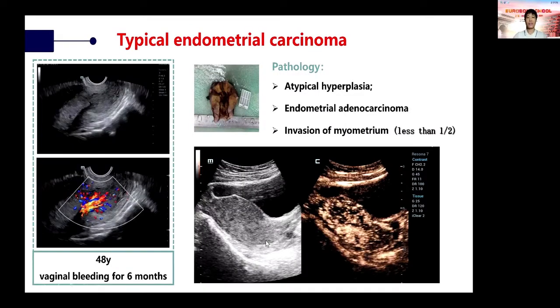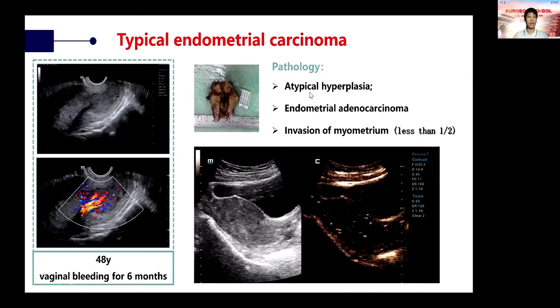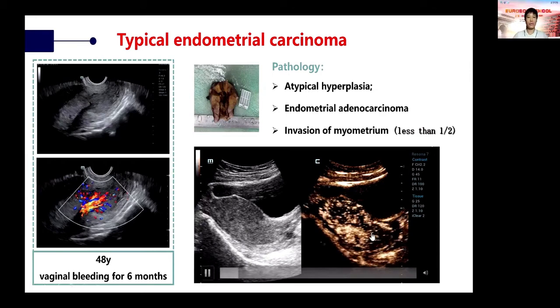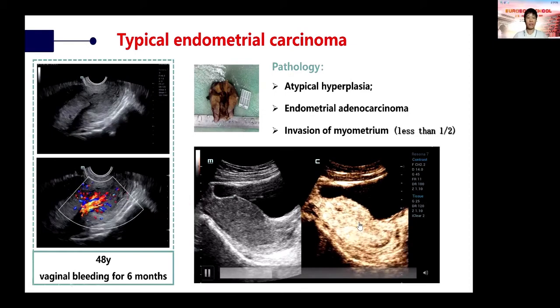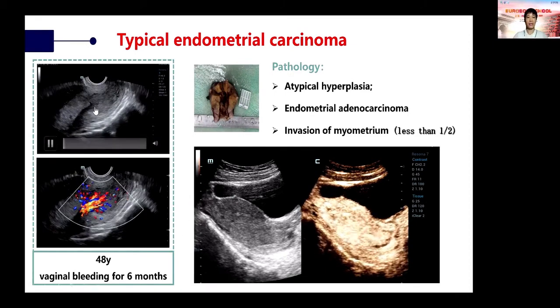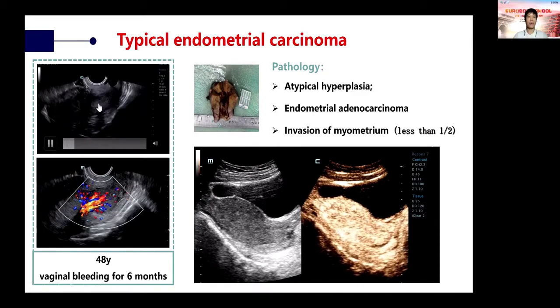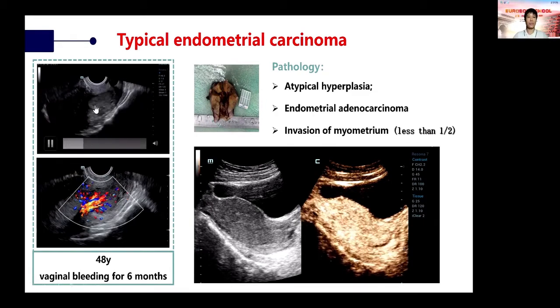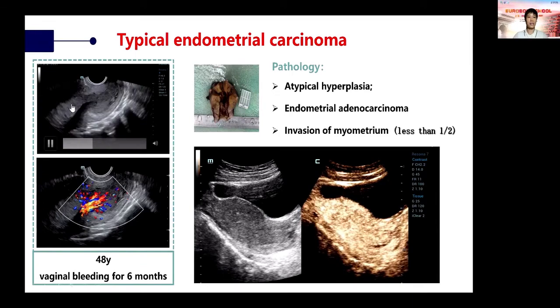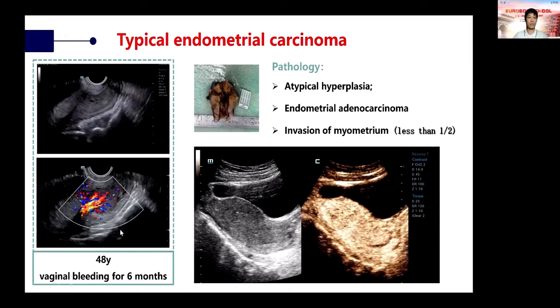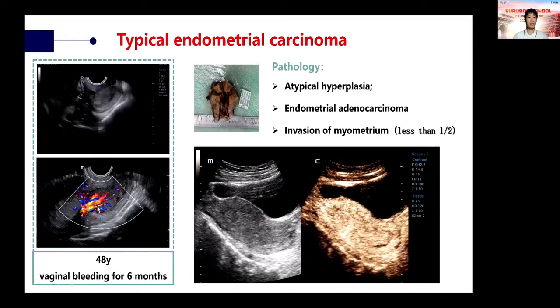Then I will show you a typical endometrial carcinoma. This is a typical example. Let's review again. The image showed a marked thickened endometrium. Here is a conventional ultrasound showing the thickened endometrium with abundant flow.